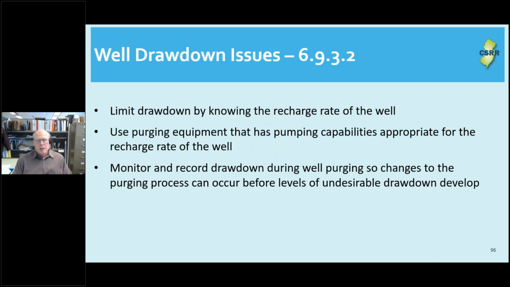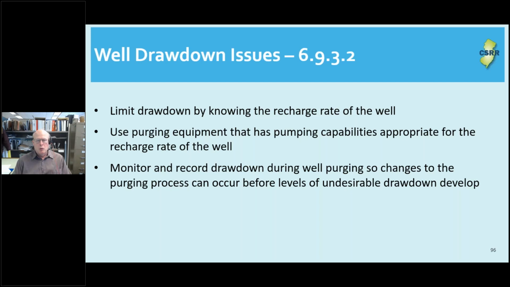To reduce the potential for undesirable levels of drawdown to occur, the well recharge rate should be accurately determined before the well is sampled. Knowing the well recharge rate allows purging equipment with appropriate capabilities to be used. To limit drawdown, the water level in the well should be monitored and recorded during the purging process.